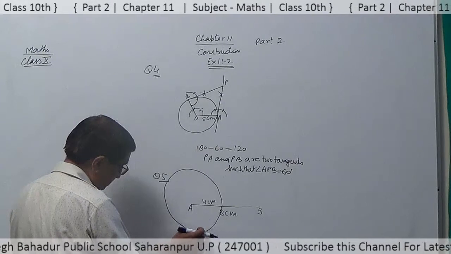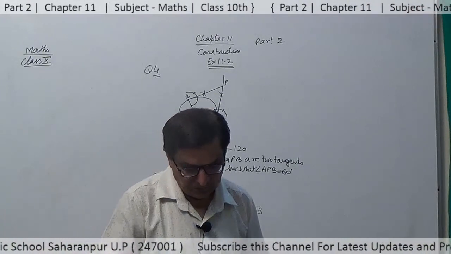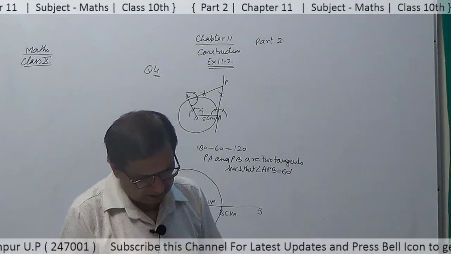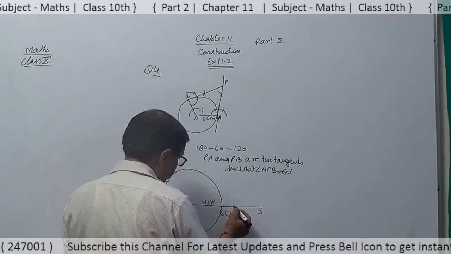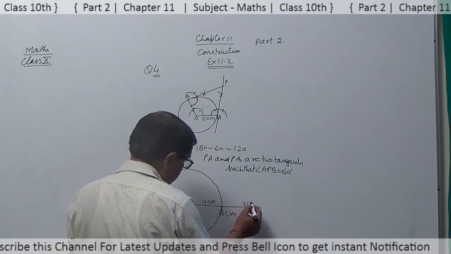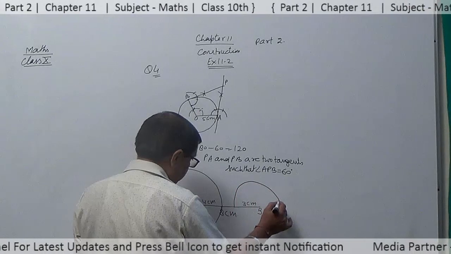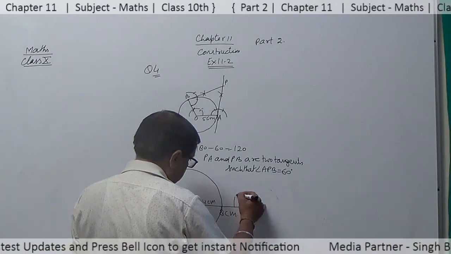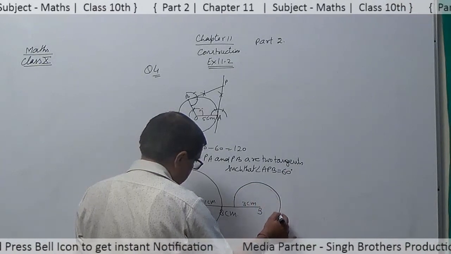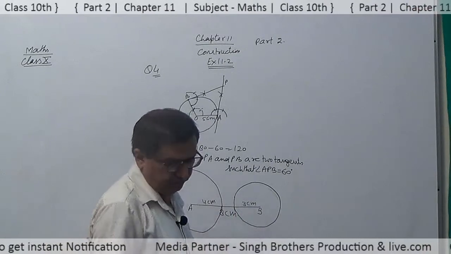And another, taking B as center, draw another circle of radius 3 centimeter. From point B, this is radius 3, we will draw the circle of 3 centimeter.